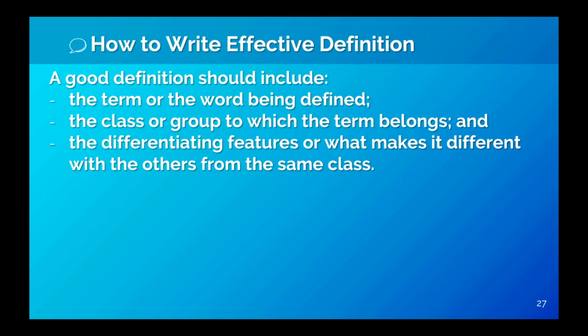What this means, guys, is that when you define a term, you have to make sure that you define it clearly. How? By first mentioning its genus. Genus means its class. Generally, what is it? And then finally, putting there the differentia. Differentia means the distinct feature or distinct meaning.